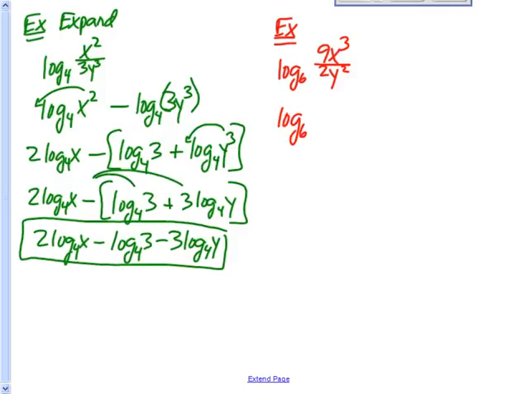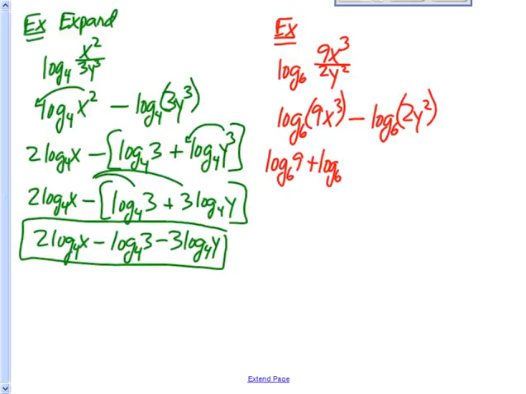So log base 6 of 9x cubed minus log base 6 of 2y squared. We put the minus between them because it was the quotient property. Now I've got a product there, 9 times x cubed, and over here 2 times y squared, so I'm going to run the product property on each of those to expand them. So log base 6 of 9 plus log base 6 of x cubed, minus, now let me do the log base 6 of 2y squared.